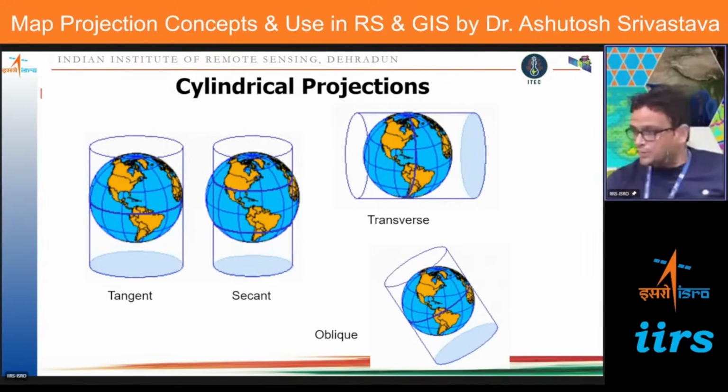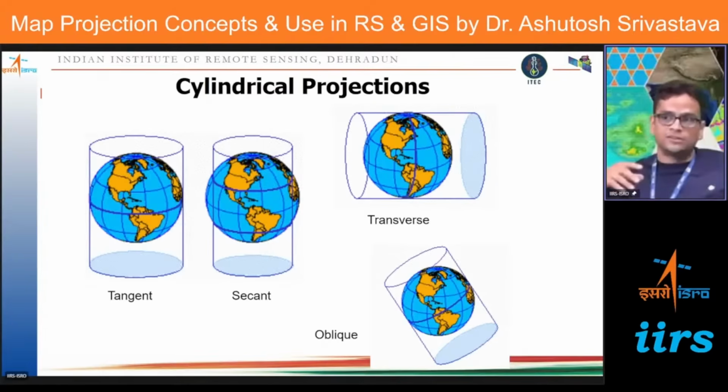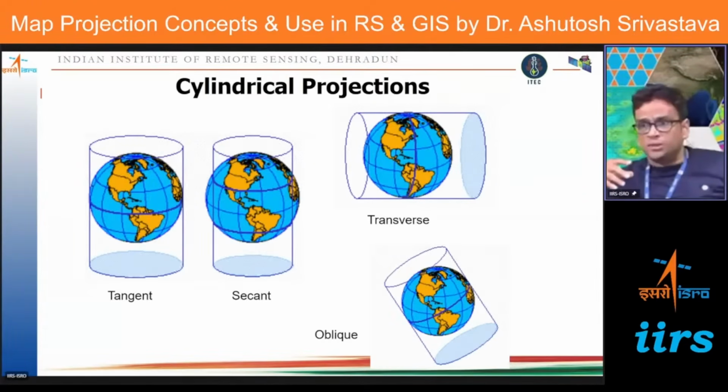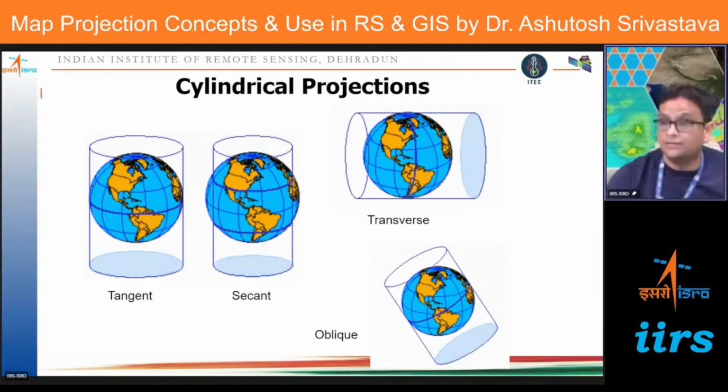Maybe one person is studying the entire country and doing a water study, another person is doing a different area, maybe a forest study, so he may select a different projection system. We need to select as per our objectives.